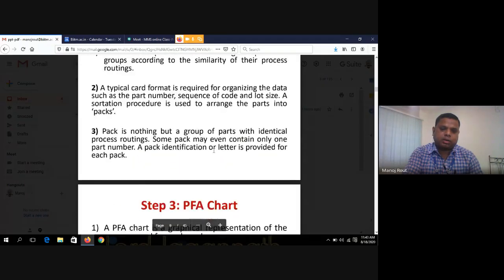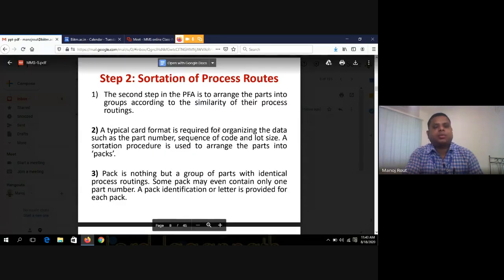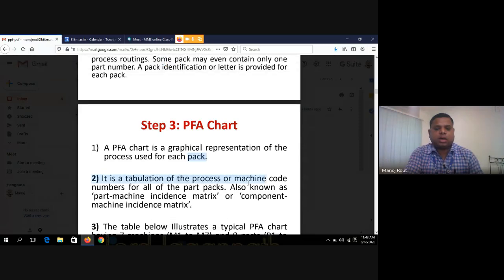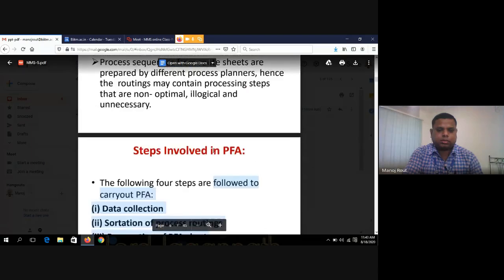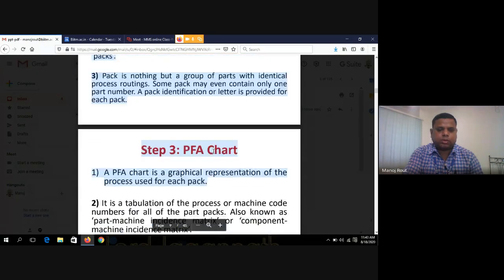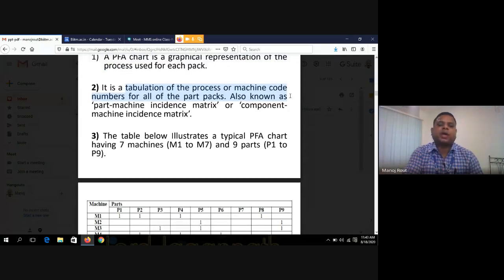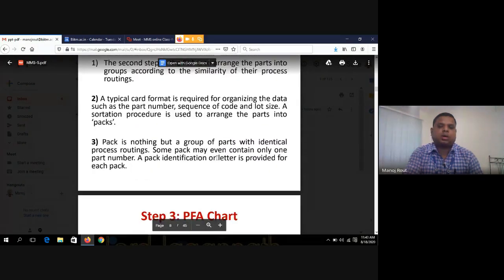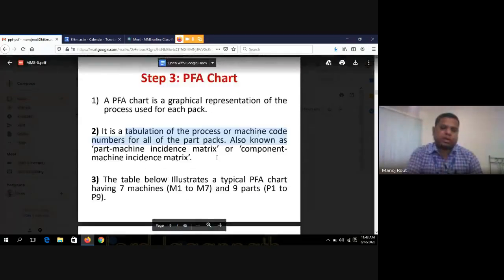It is a tabulation of machine codes and numbers of all parts in a pack, and these are also known as the part machine incidence matrix or component machine incidence matrix.